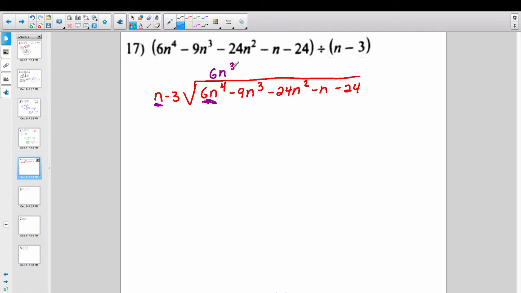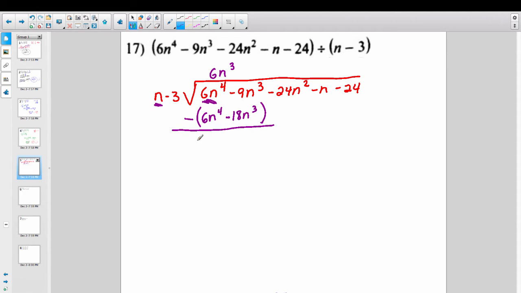Now, after you figure that out, you now multiply the 6n to the 3rd times both of these terms and write them underneath as a subtraction in parentheses. So 6n to the 3rd times n is what you would expect, 6n to the 4th. 6n to the 3rd times negative 3 is negative 18n to the 3rd.